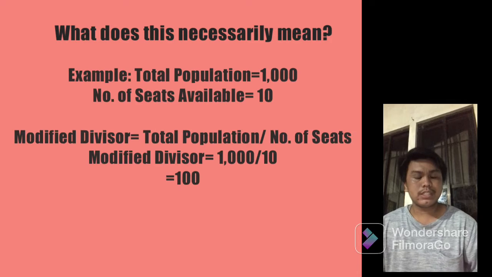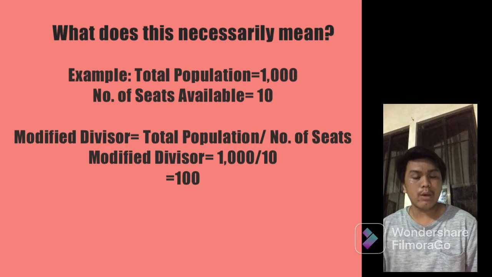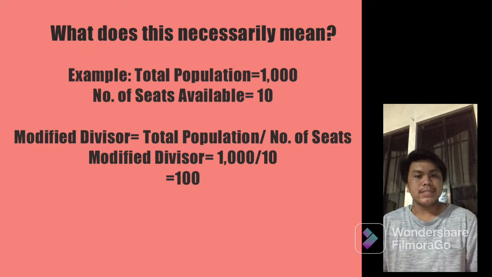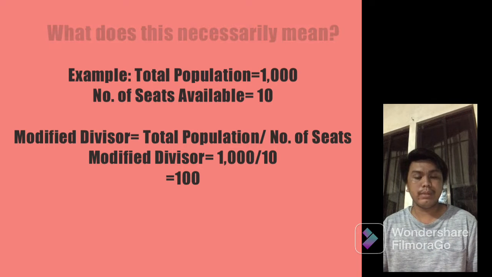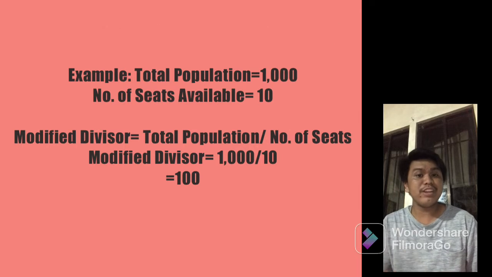So, say the total population is 1,000 and the total seats available is 10. So 1,000 divided by 10 is 100. So 100 now will be our modified divisor.